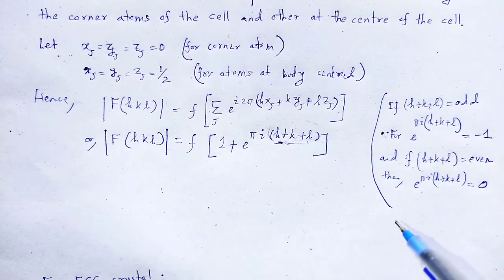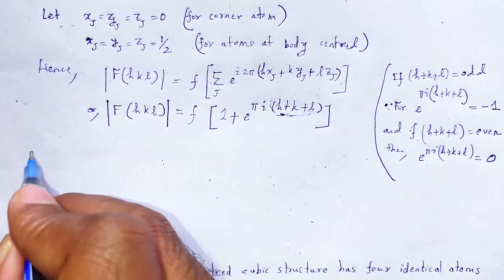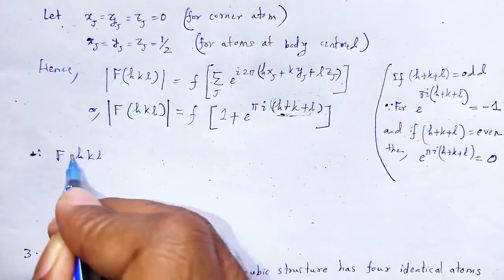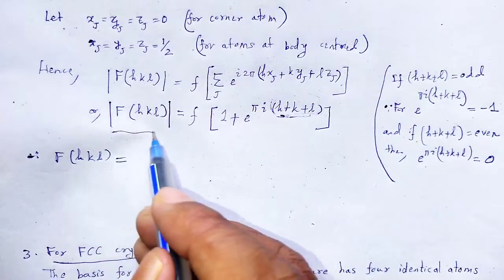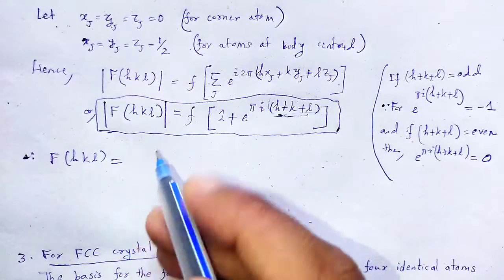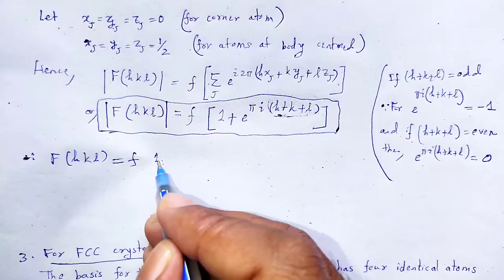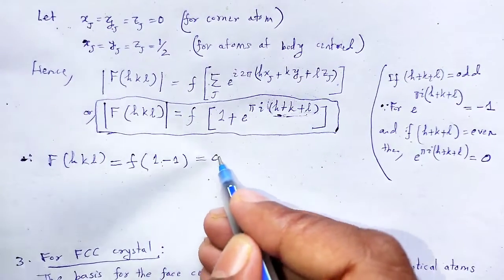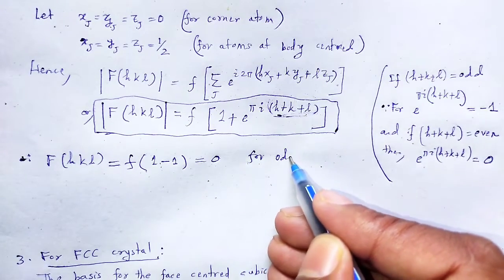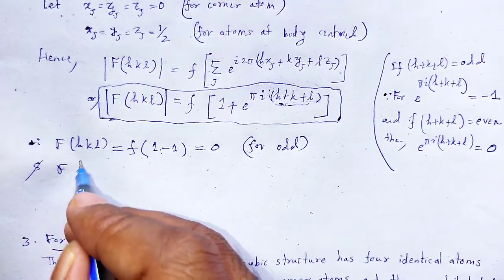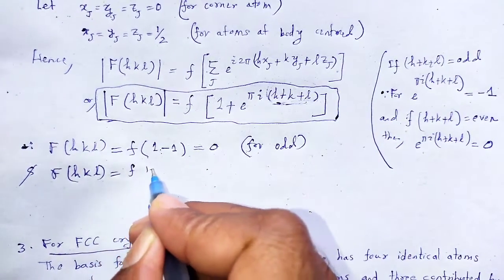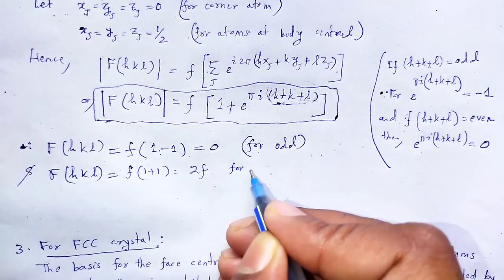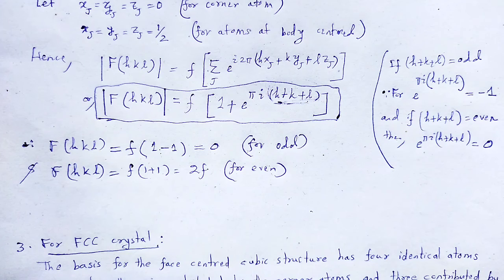For odd it will be -1, for even it will be 1. Therefore, the magnitude of F(h,k,l) is equal to F(1 minus 1), that is equal to 0 for odd integer, and F(h,k,l) is equal to F(1 plus 1), which is equal to 2F, for even integer. Therefore, we have two sets.